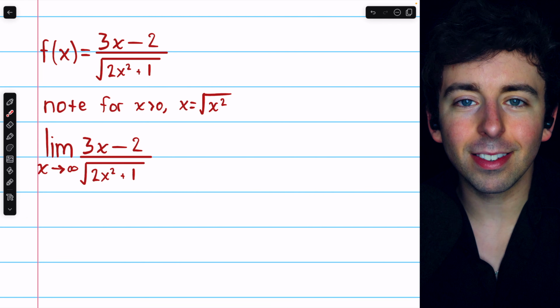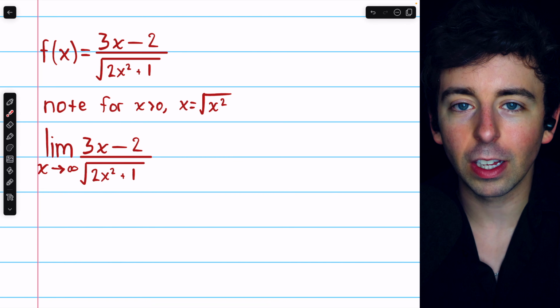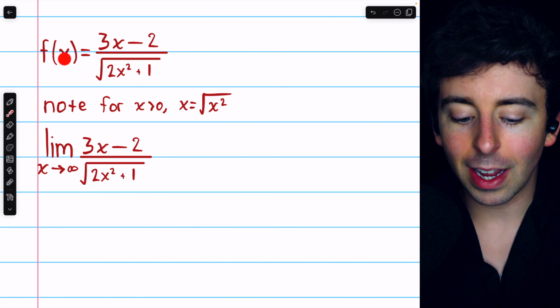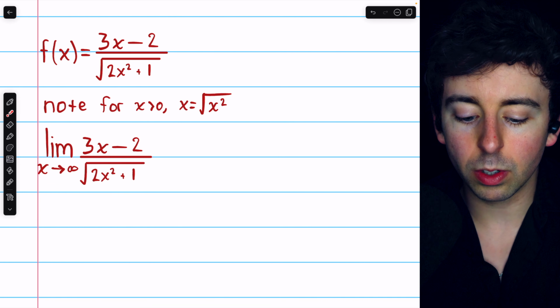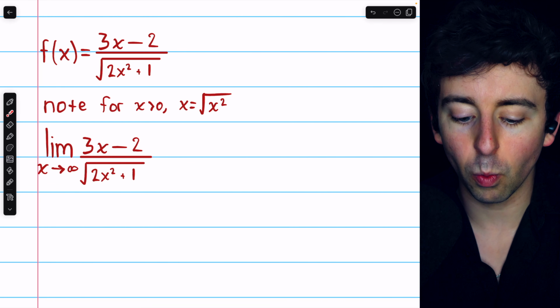Here's an example that's similar to those rational functions, but a little bit different. f of x equals 3x minus 2 divided by the square root of 2x squared plus 1.